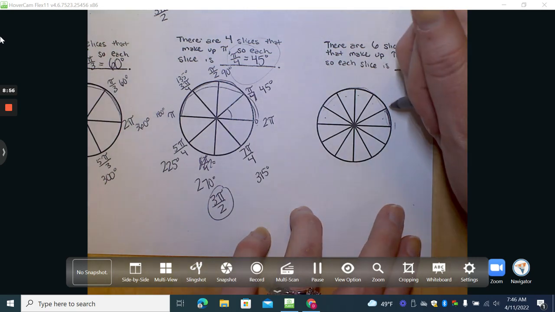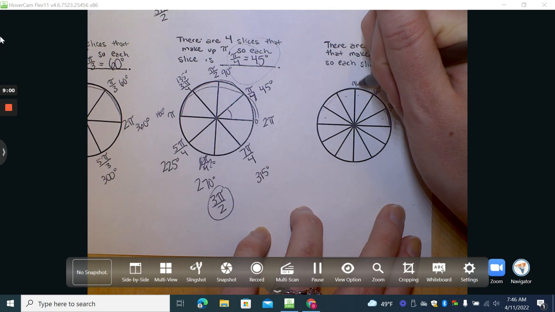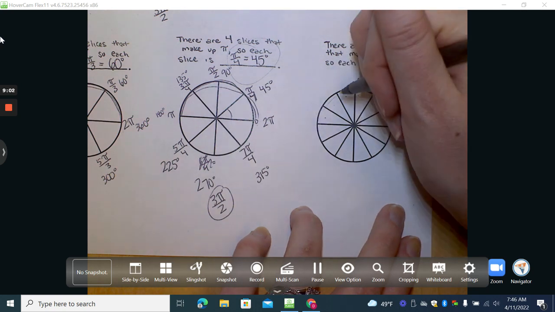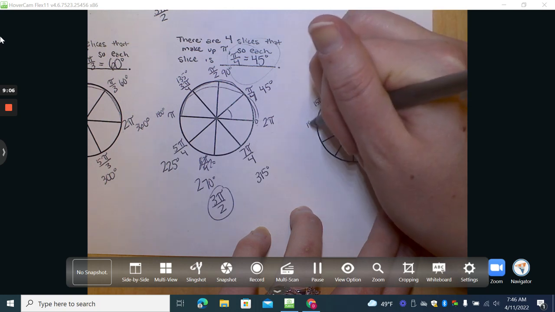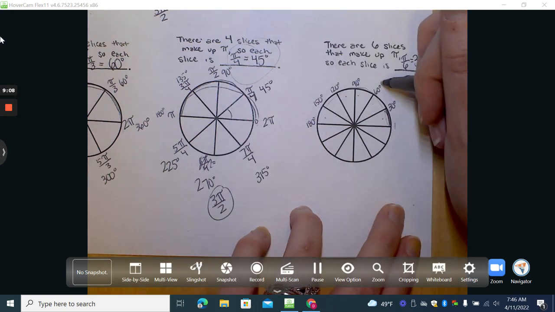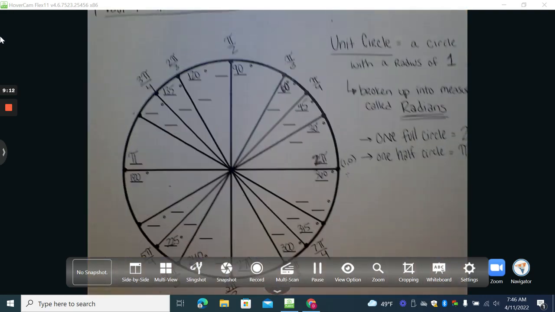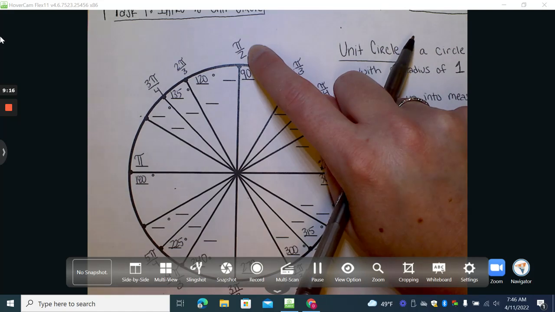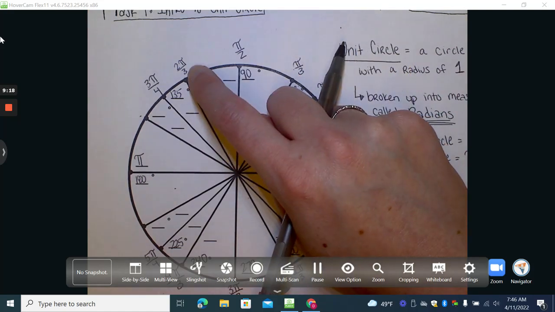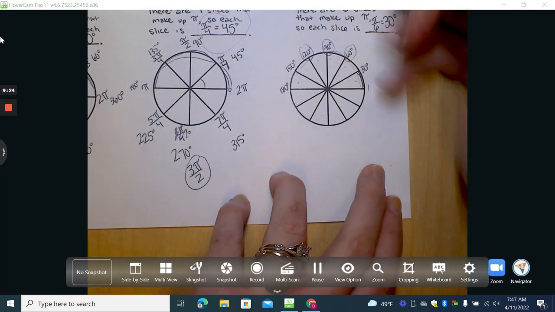So if I were to label this 30 degrees, 60 degrees, 90 degrees, 120 degrees, 150 degrees, 180 degrees, I already have measurements for 60, 90, and 120. Those are already up here. 60 degrees is pi over 3, 90 degrees is pi over 2, 120 is 2 pi over 3. I already have those. What I don't have labeled is these two spots over here.